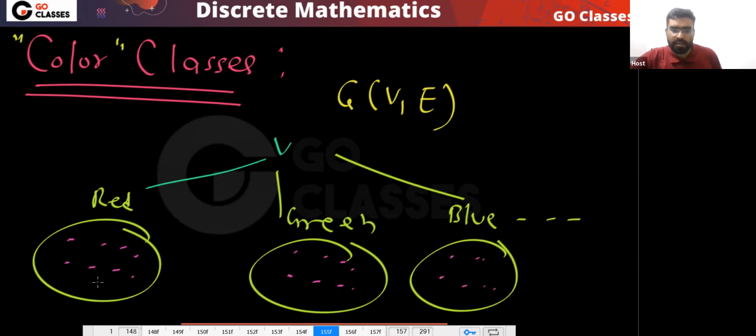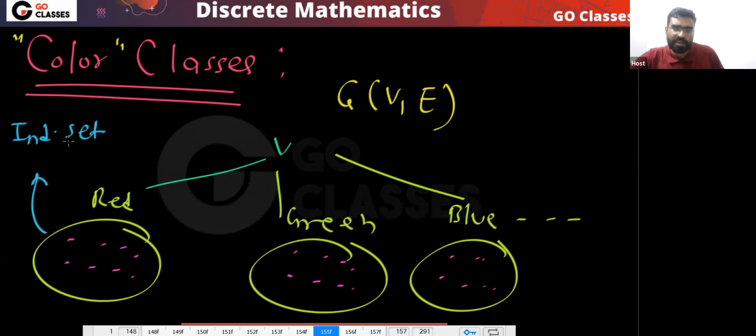Now tell me one thing, is it possible that there is any edge within a color class? The answer is no. Is it possible there is any edge here? Again, the answer is no. So each color class will be an independent set.